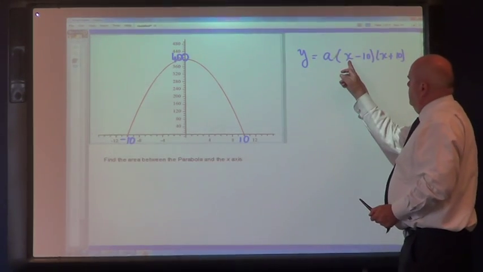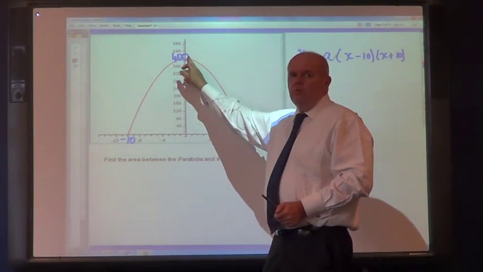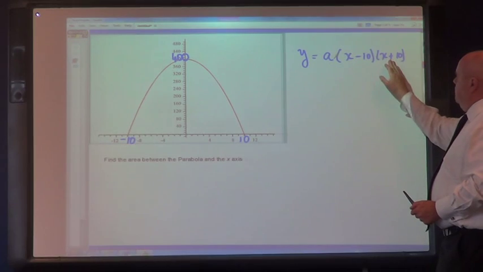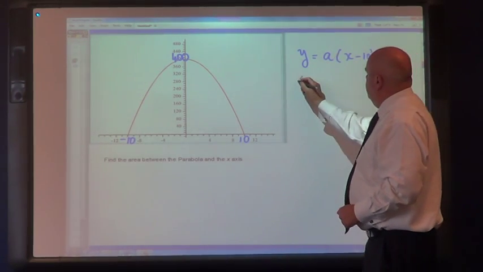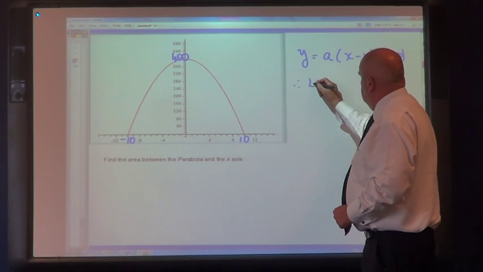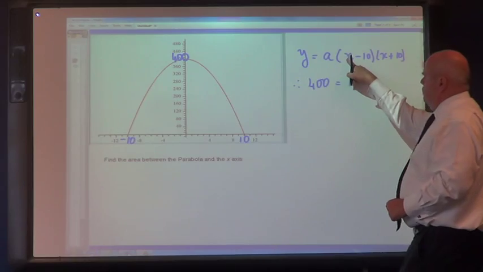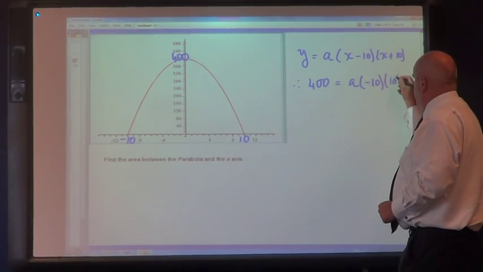Because I know that when x is 0, I have my y-intercept. And I know what the y-intercept is here, it's 400. In other words, if I was to let x equal 0 and y equal 400, I could then solve for a. So that's the secret to these type of problems. 400 is going to equal a. If I let x equal 0, I've got a negative 10 there and a positive 10 here.